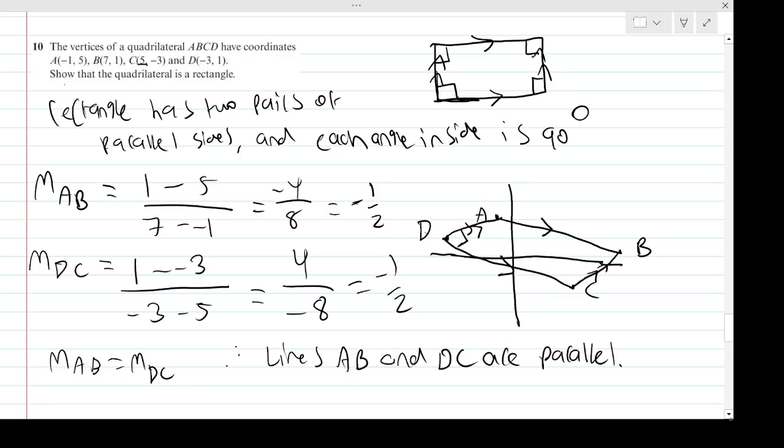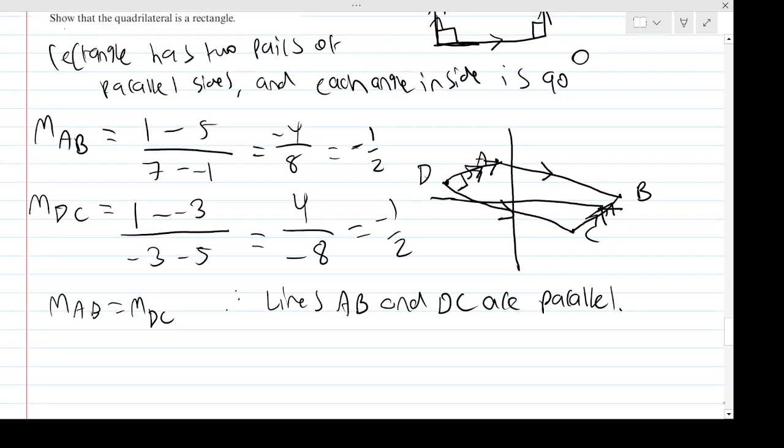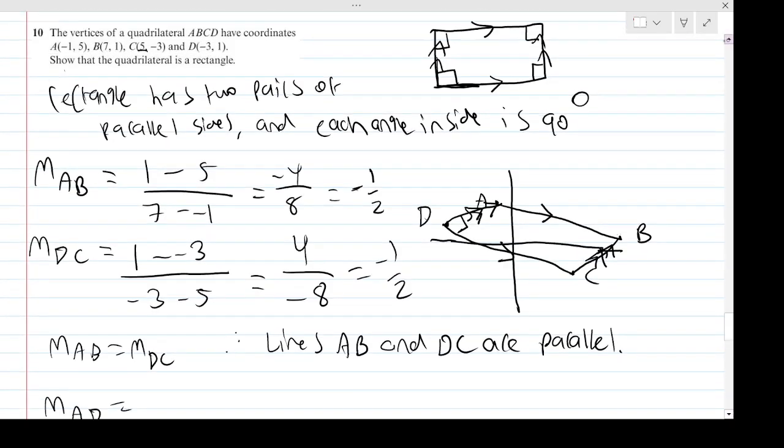Cool. But that's one set of lines parallel, but then I need to consider the other set of lines, BC there and AD there, right? So then let's consider the other lines. So let's first consider AD. So first of all, the gradient between A and D. Let's take D first.